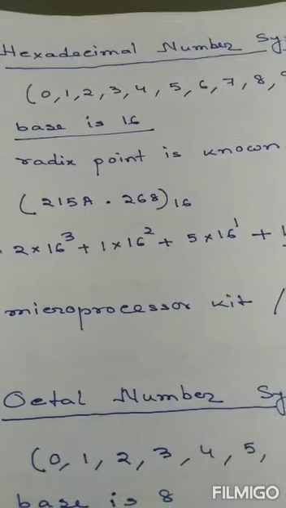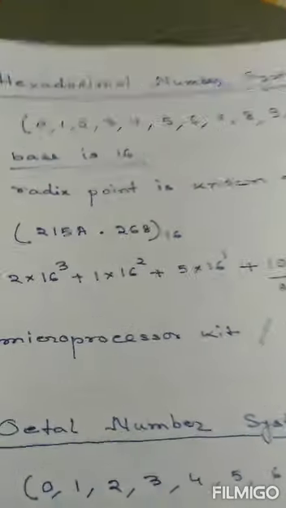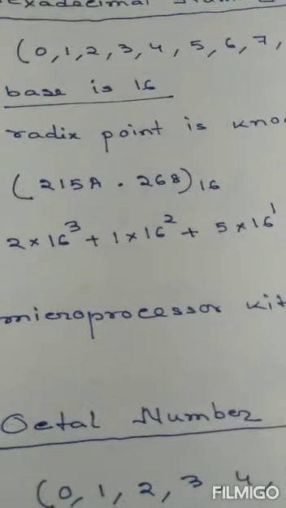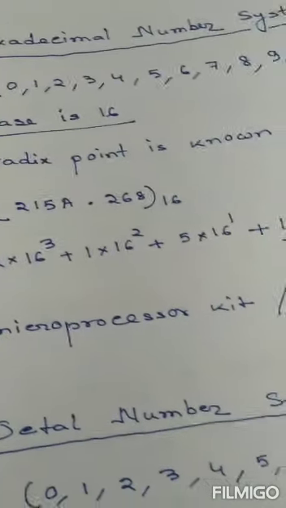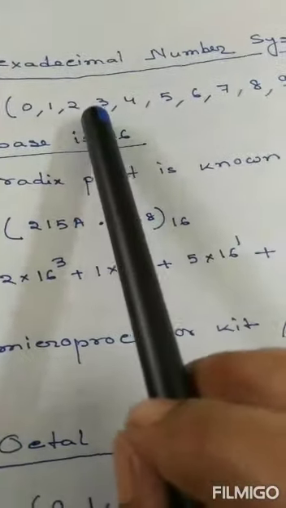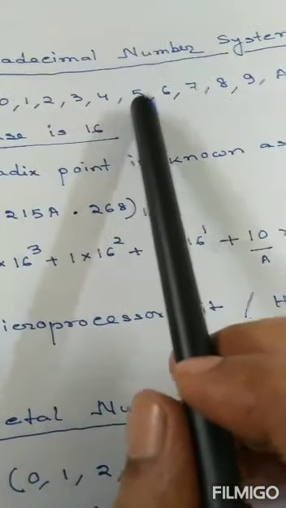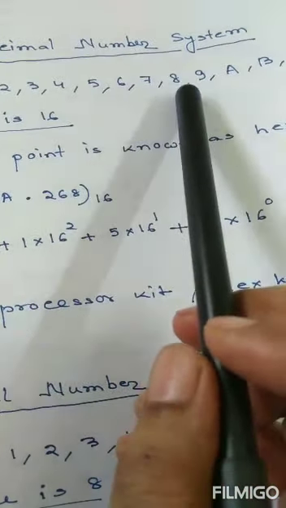Now the third one, that is the hexadecimal number. What is a hexadecimal number? It consists of 0, 1, 2, 3, 4, 5, 6, 7, 8, 9.